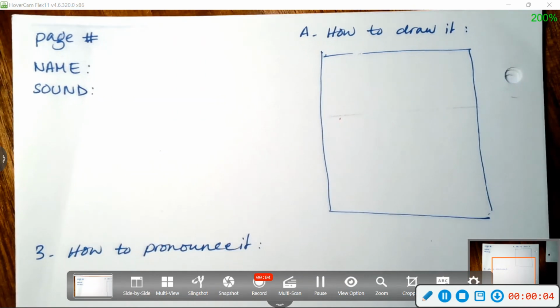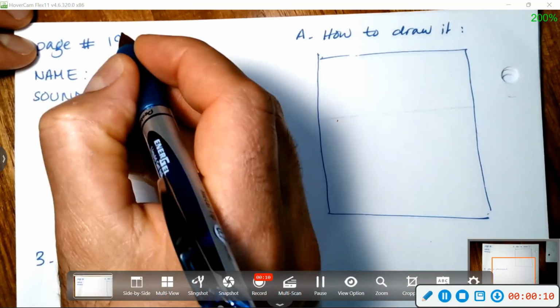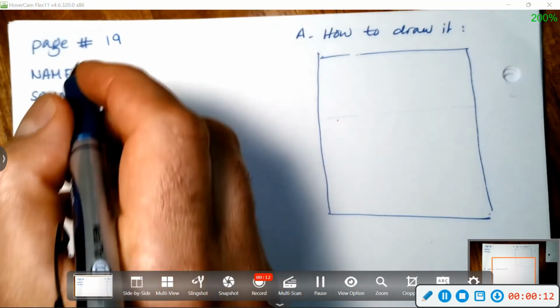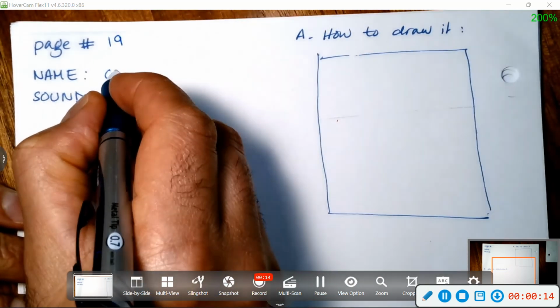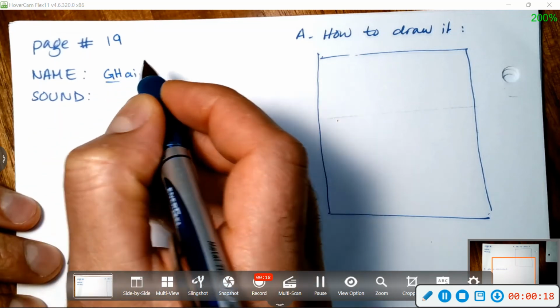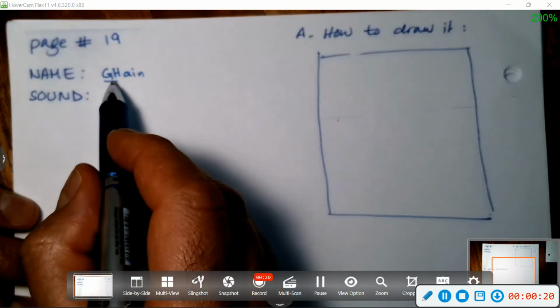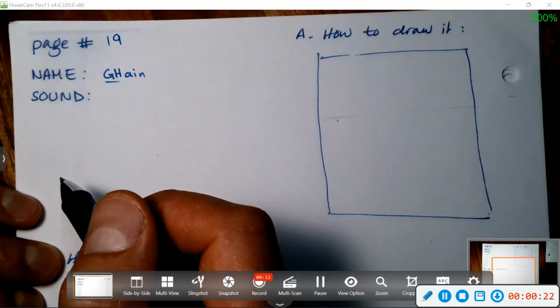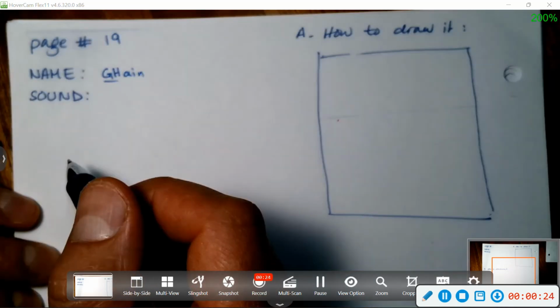Now, page number 19. The name is Ghain. G with GH representing the sound Gha. Gha.